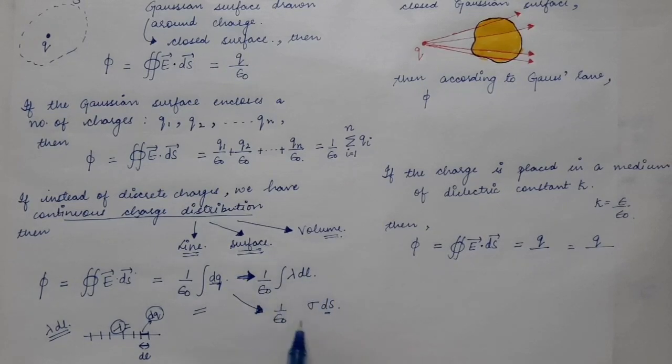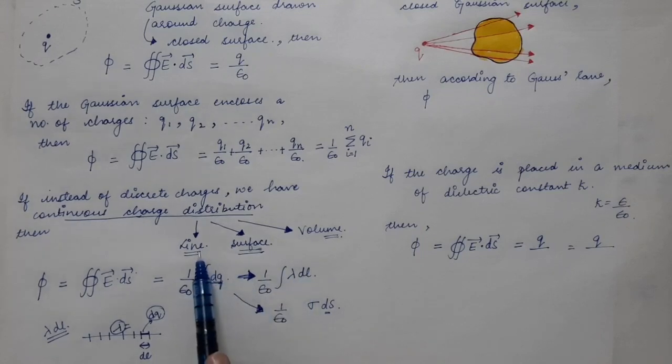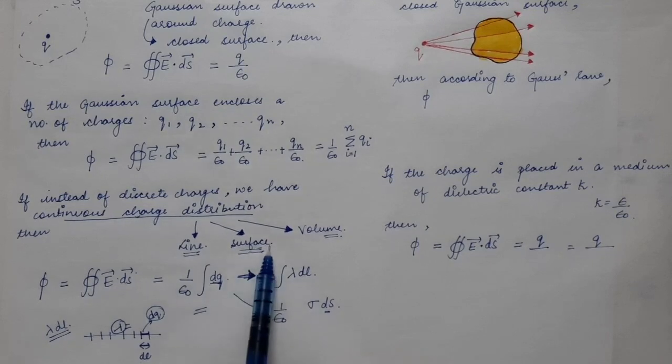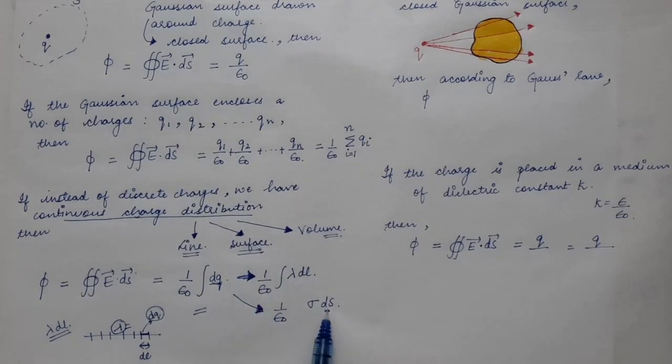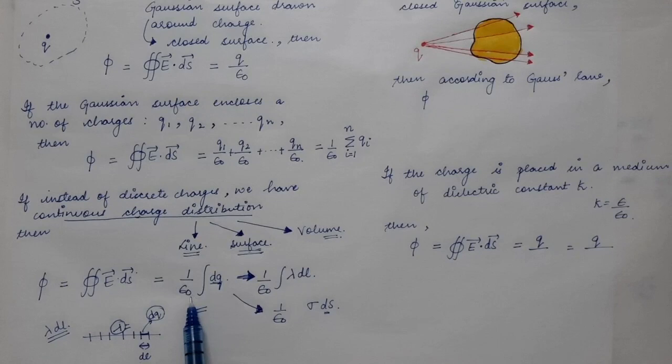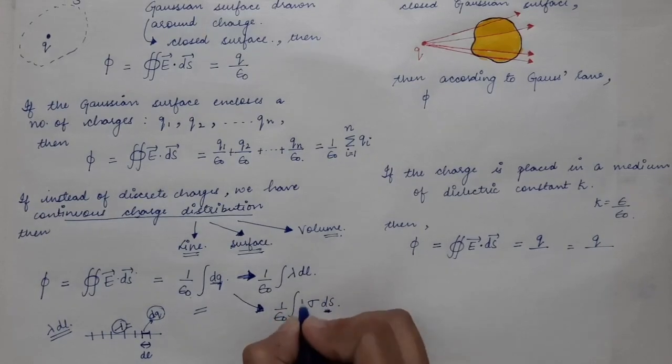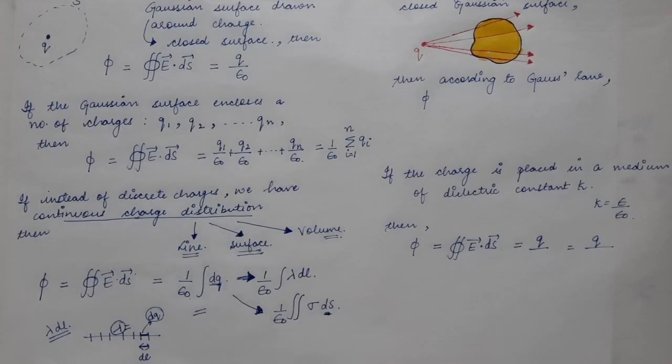This concept we have already done: how we write the continuous charge distribution. You can look into that lecture. The small charge element for line charge distribution is given by lambda into dl, and dq for surface charge distribution is given by sigma into ds, and we have to do integration over all the charge. Surface is two dimensional, so we do a surface integral.